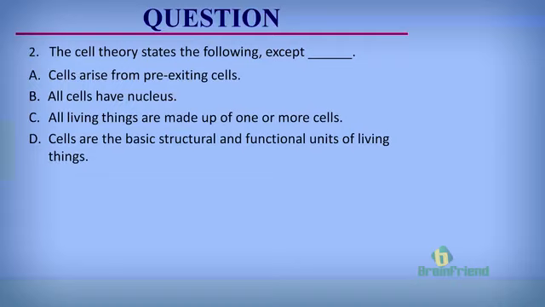And D, cells are the basic structural and functional units of living things. If your answer was option B, then you are correct. The cell theory consists of these other statements except option B. And it is not all cells that have a nucleus, because prokaryotic cells do not have a nucleus.